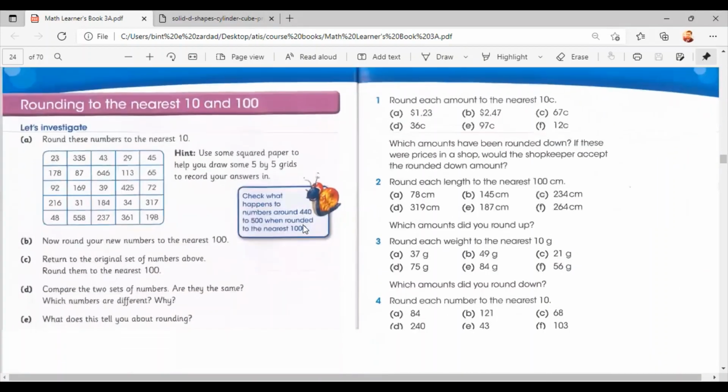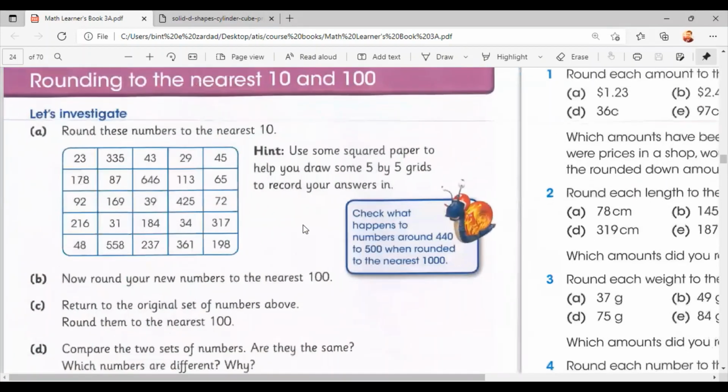Round to the nearest 10 and 100. When we are talking about the nearest 10, this should be in your mind. For example, there is the number 45. I want to find the nearest 10.